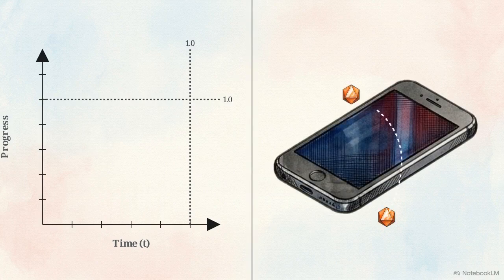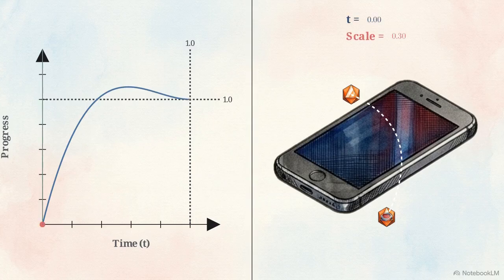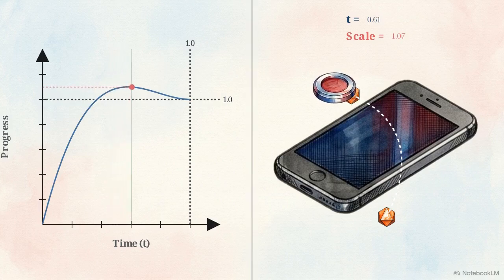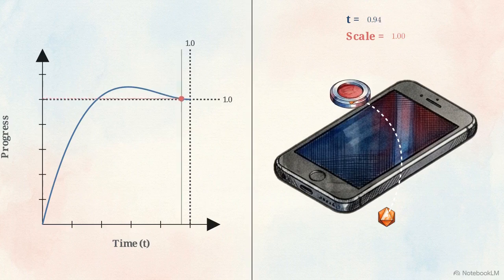On the right, a UI button traverses a curved parabolic path based on exact x and y coordinates at any fractional step. As the normalized time parameter t slides from 0 to 1, it drives the button's translation in sync. When the graph's peak overshoots, the button briefly scales past its normal boundary and snaps back, visualizing the getButtonInitialScale logic.